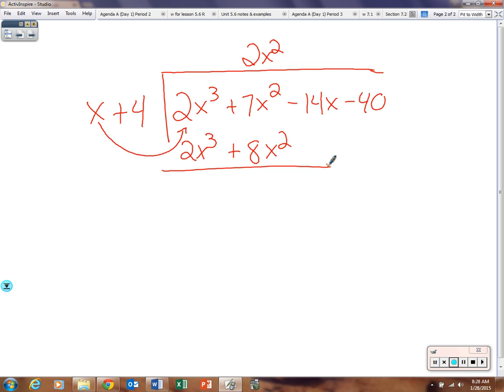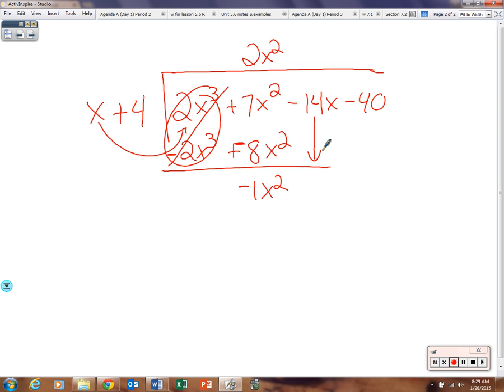Now, we're going to subtract. When we subtract, remember to change the sign. So this is going to become a minus 2x cubed, and this is going to become a minus 8x squared. We want to change the signs because we want this to cancel. Add these two together now, and we get negative 1x squared.